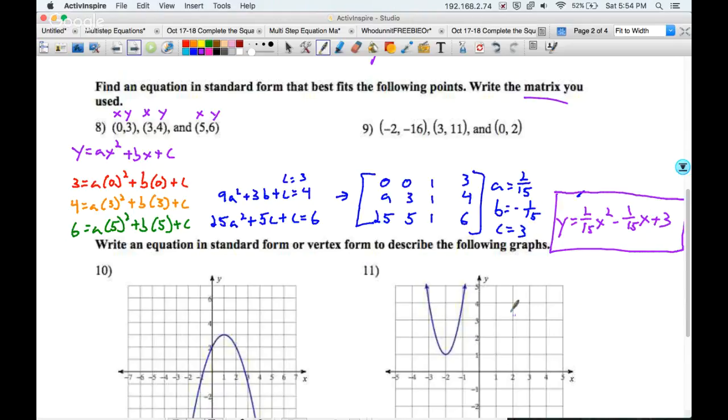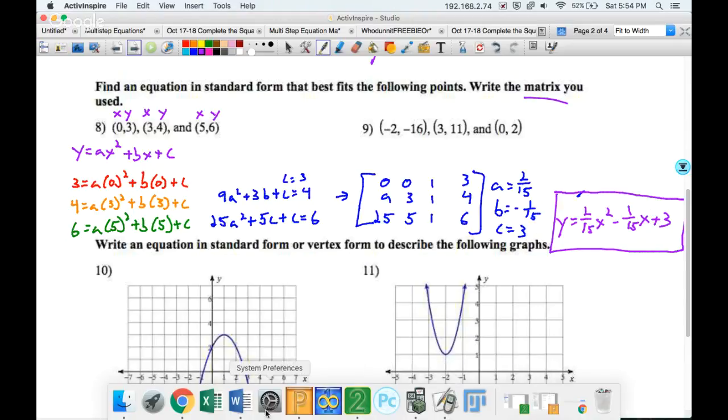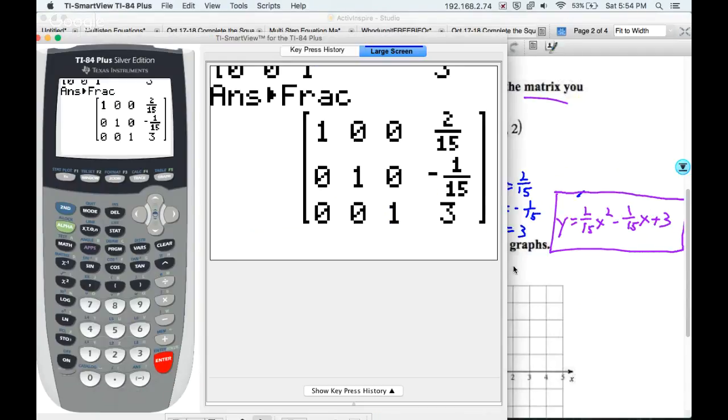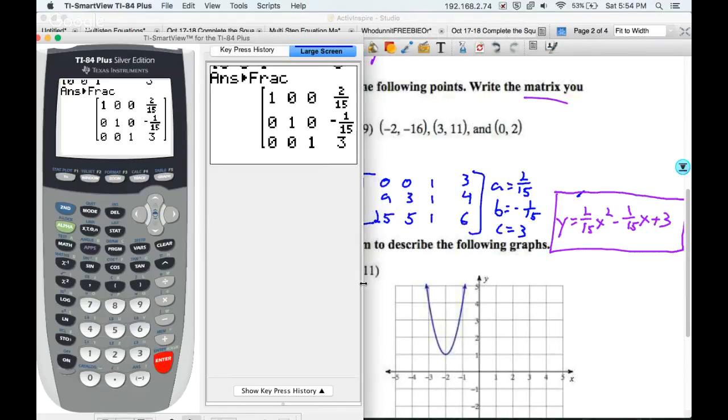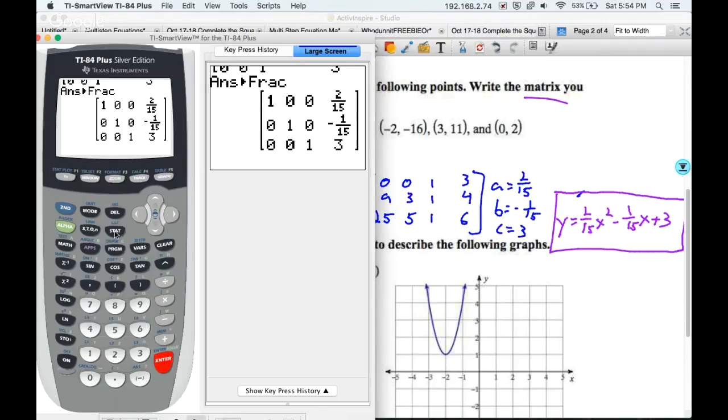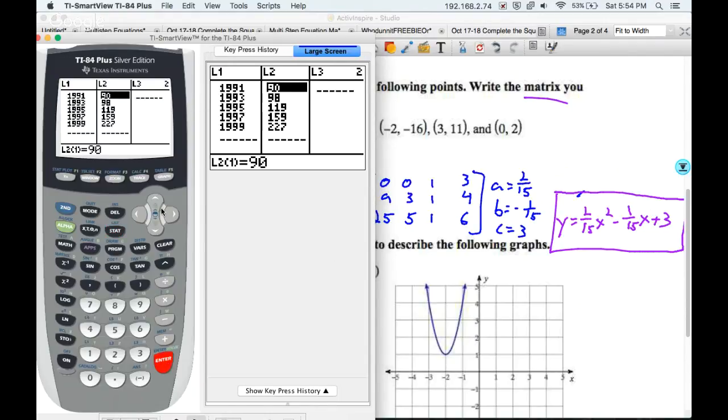All right, let me just show how I would do this with regression for number 9. You're going to see it's actually a lot easier. So what I'm going to do is go into my stat lists. So stat, enter, clear out any data that we see in there.